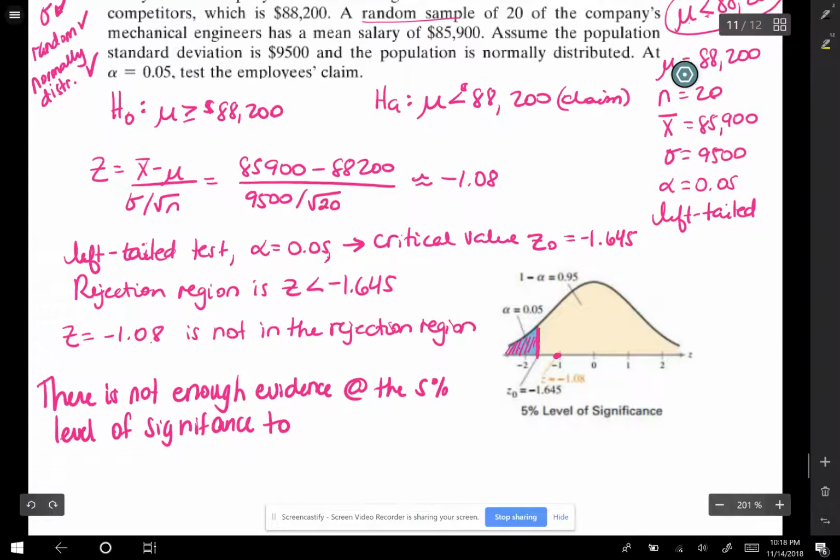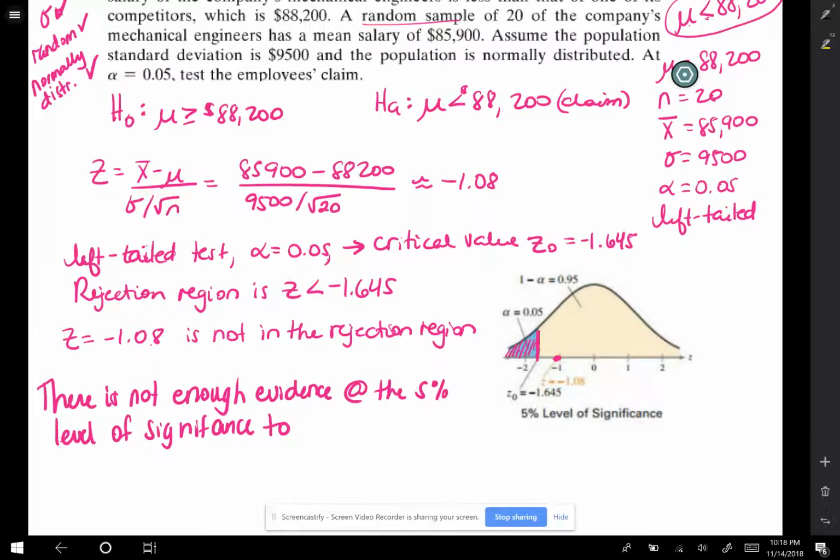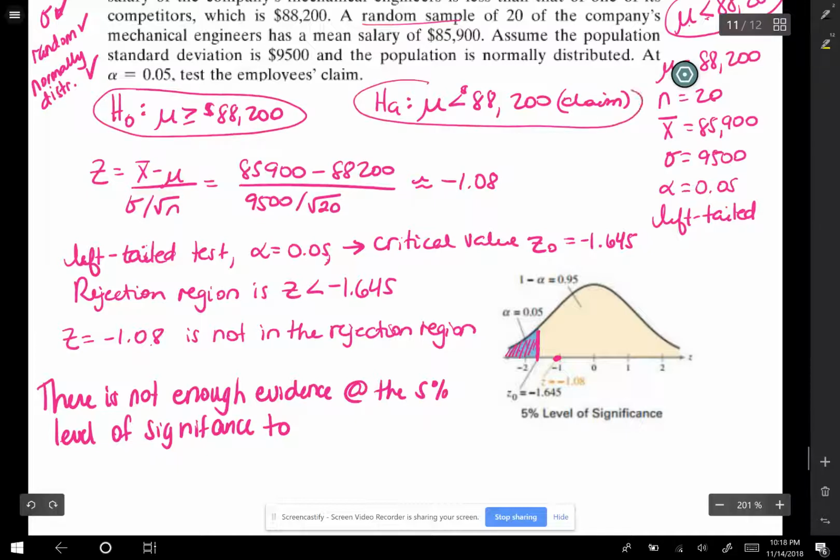And remember what we're looking at up here. That's the null hypothesis, the alternative hypothesis, and we don't have enough evidence to reject. Remember, what we're doing is we're either rejecting or failing to reject.